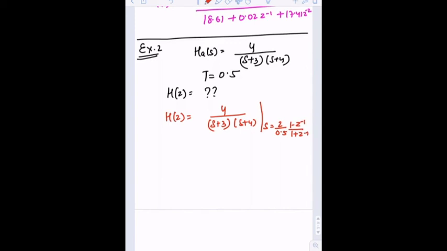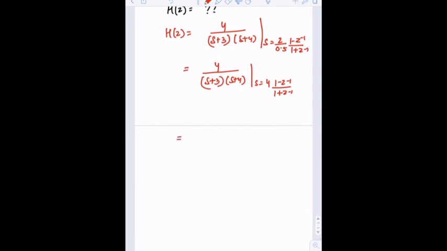Now simply we will put s equal to 4(1 - z^-1)/(1 + z^-1), and after solving this we will get H(z) as (1/2)(1 + z^-1)^2 divided by (7 - z^-1). So these kinds of questions can be asked.